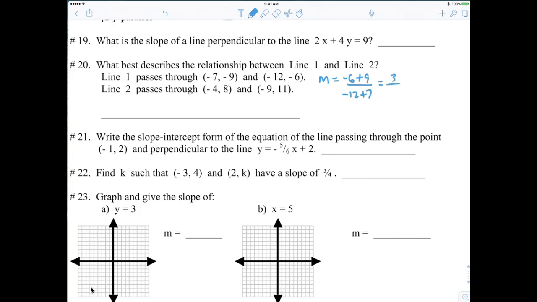So that would be 3 over -5. Do you agree? Okay, so that's the slope of line 1, and the slope of line 2: 11 minus 8 is 3, -9 plus 4, isn't that -5, right? So we'd have to say that they're what?